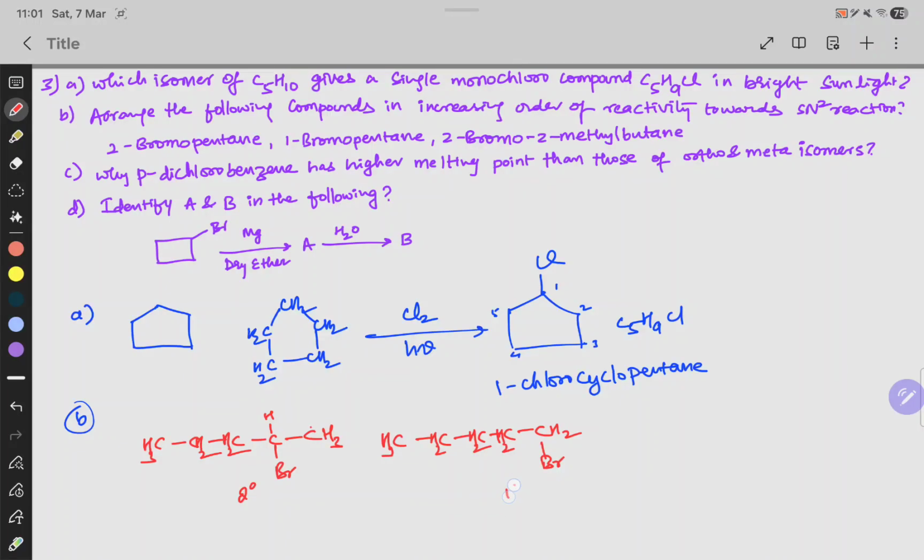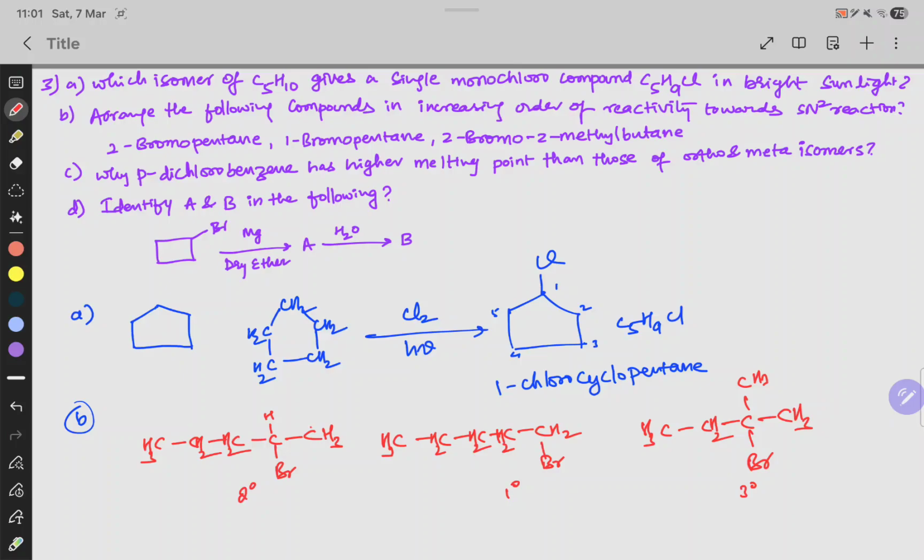So this is 1 degree. And the third one is 2-bromo-2-methylbutane. Butane means 4 carbons, right? So at the second carbon bromine as well as 1 methyl. So 4 is finished, now CH3, and here CH2, here CH3. This alkyl halide is 3 degree.